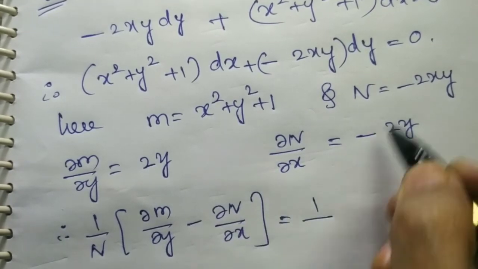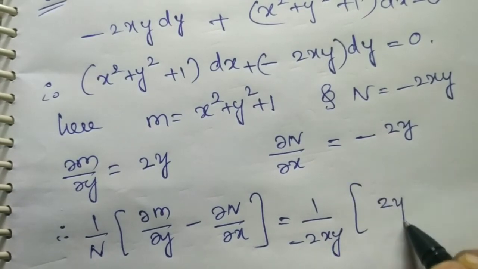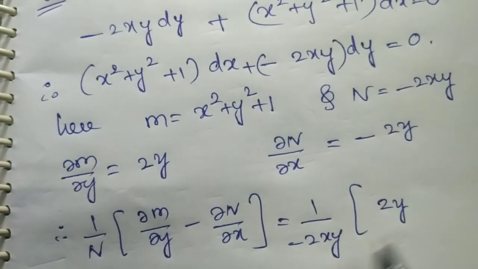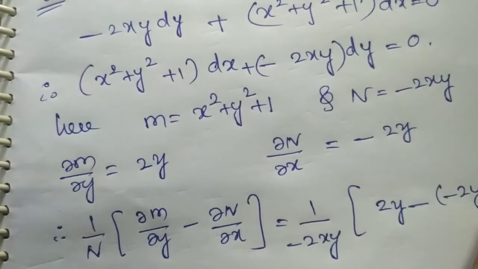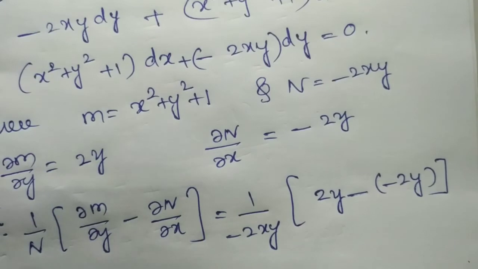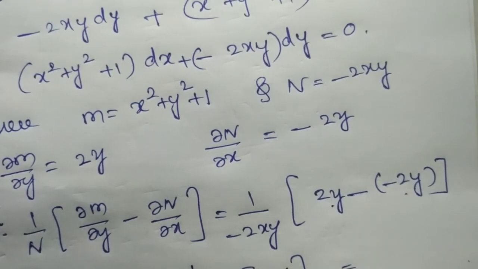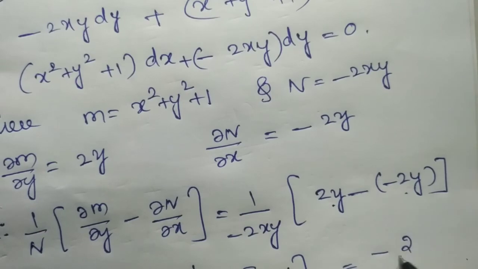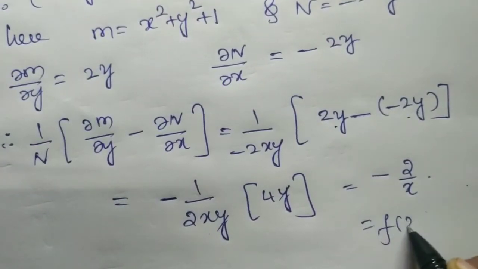So 1 by n is minus 1 by 2xy, of dou m by dou y is 2y minus dou n by dou x is minus 2y. Okay, so therefore minus 1 by 2xy into 2y plus 2y is 4y. So here y and 2 cancel. So minus 2 by x. So this is f of x.